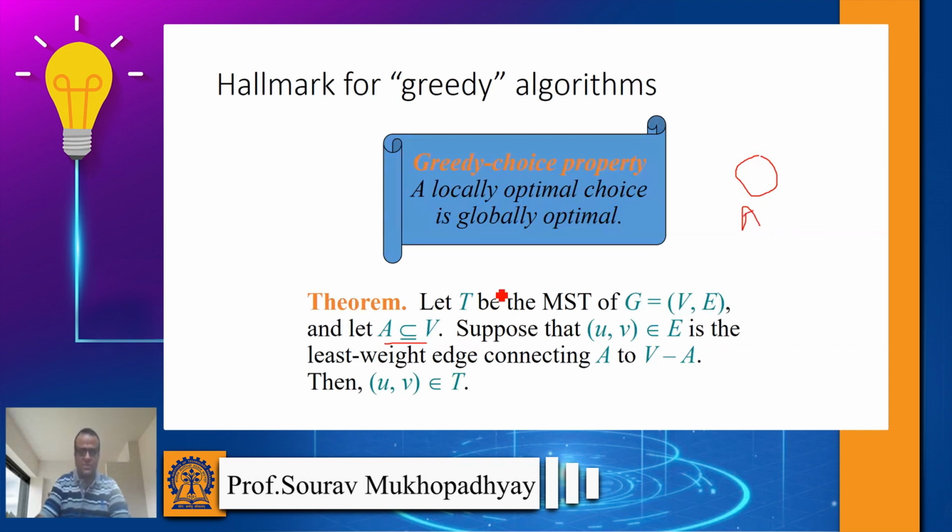A is a subset of V, where V is the set of all vertices. And there is a complement: A complement is V minus A, the set of all other vertices which are not in A.